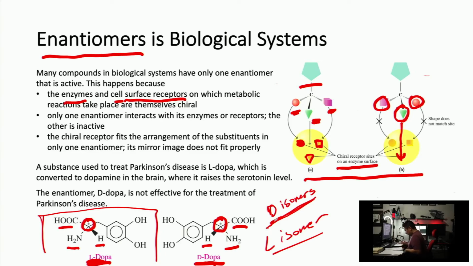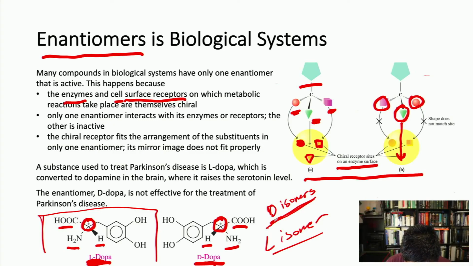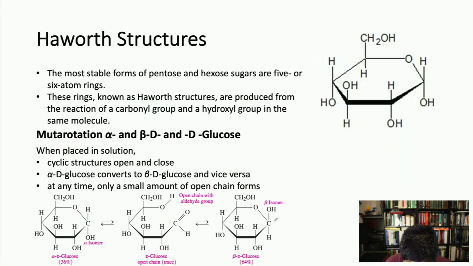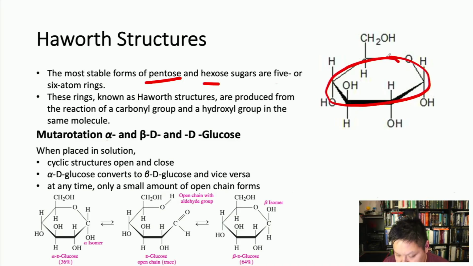That takes us to Haworth structures. All right. So the most stable forms of pentose and hexose sugars, which are the 5-carbon and the 6-carbon sugars, is when they become a ring, right? They're not very stable when they're straight chained.